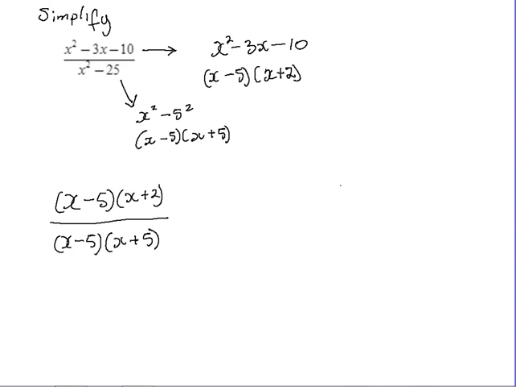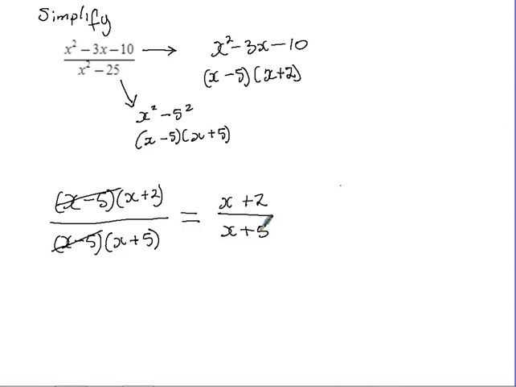Now that we have both numerator and denominator in factored form, we see a common factor. We have x minus 5 as a factor in the numerator and x minus 5 as a factor in the denominator. So these will cancel each other. So your final answer is x plus 2 all over x plus 5.